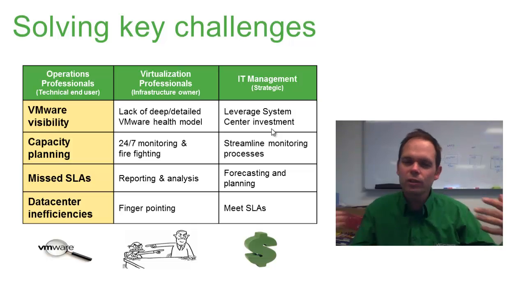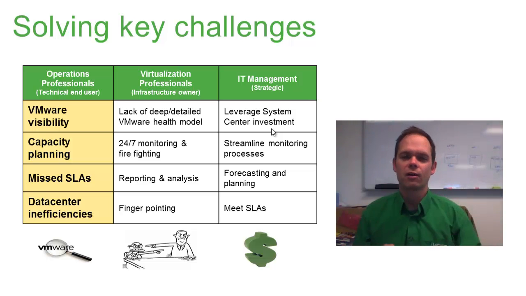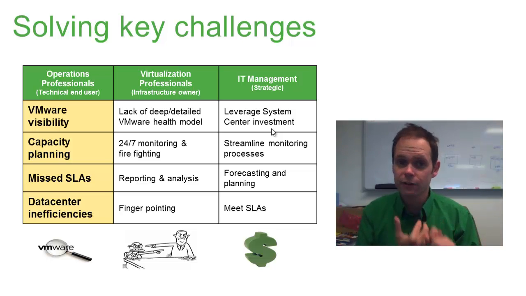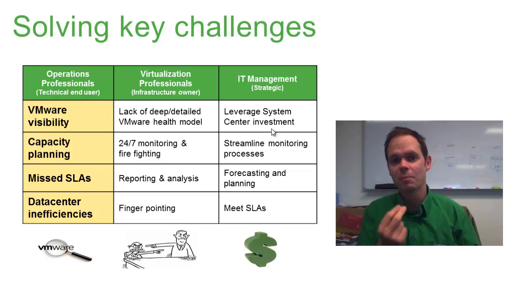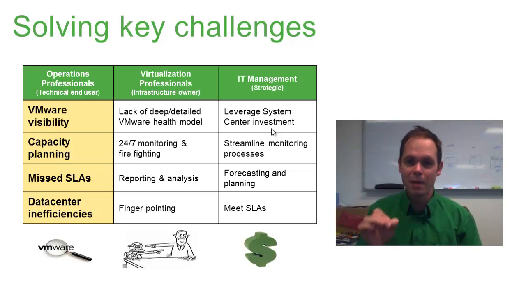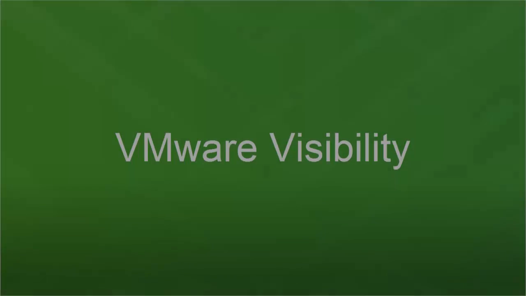And all of those really encapsulated together are covered under data center inefficiency. So make sure monitoring is efficient, make sure the infrastructure is running efficiently, and make sure what the infrastructure is supporting is optimized so that you can get the absolute best out of your investment in your VMware infrastructure.